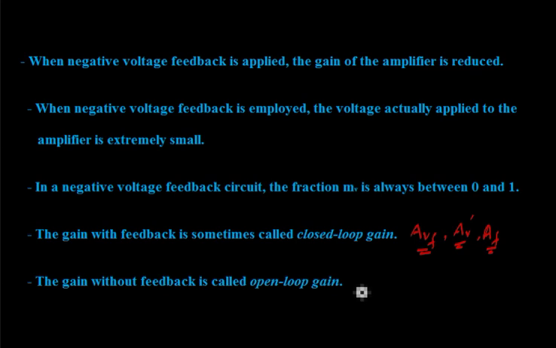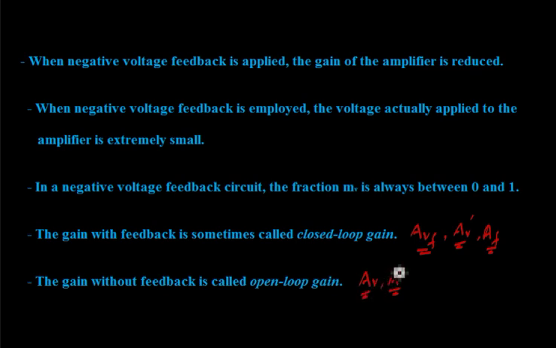Then we can call the gain without feedback as open loop gain. It is usually represented by AV or A. Simply the letter A represents the open loop gain, or AV represents the open loop voltage gain. So the open loop voltage gain means the gain of an amplifier without feedback circuit.